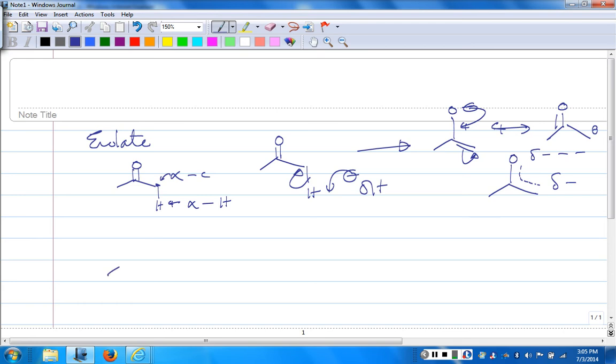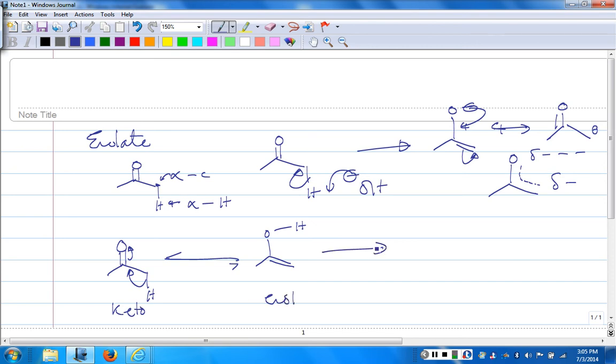I will remind you that carbonyl compounds themselves can tautomerize, but the position of tautomerization actually favors, under normal circumstances, the keto version. So this is the keto species, this is the enol.